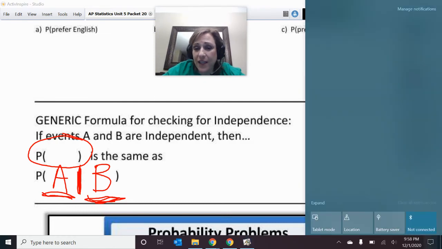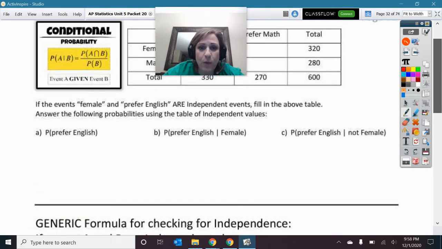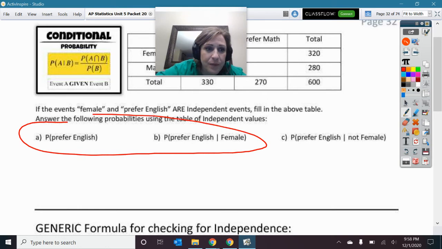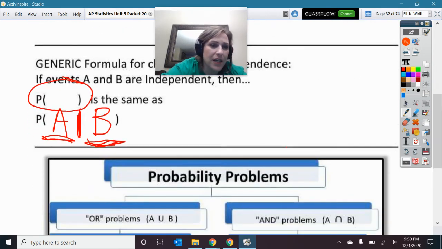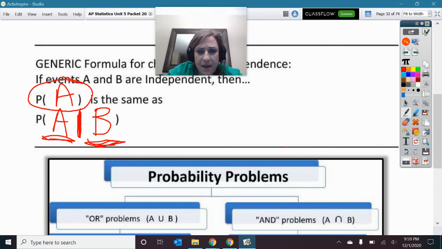So hopefully you can see that if this is A and this is B, we were comparing it to the overall rate of A. So that is what goes here. This is the development of that independence formula.